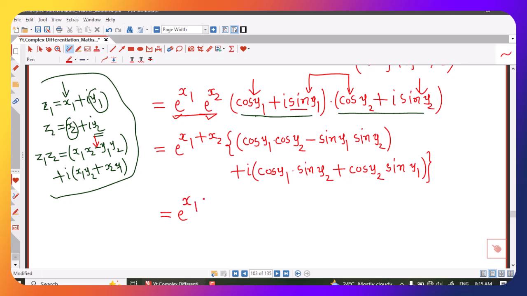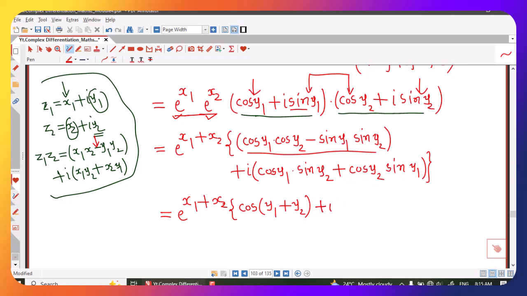This we keep as it is, e raised to x1 plus x2, and if you observe, this is a familiar trigonometric formula. If you can understand, this is nothing but cosine of y1 plus y2. We know that cosine of y1 plus y2 is cosine of y1 times cosine of y2 minus sin y1 into sin y2.